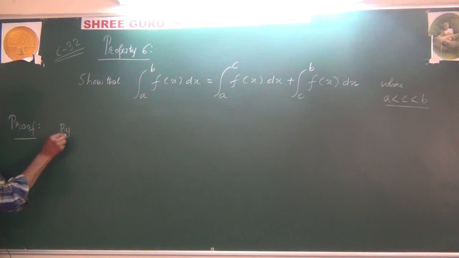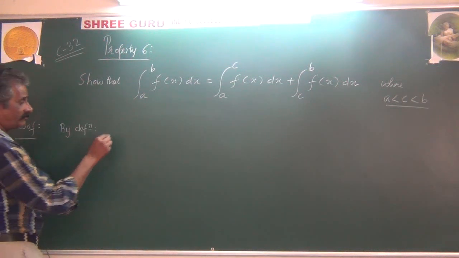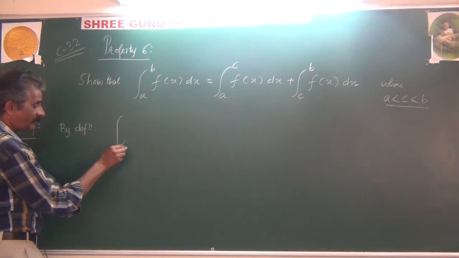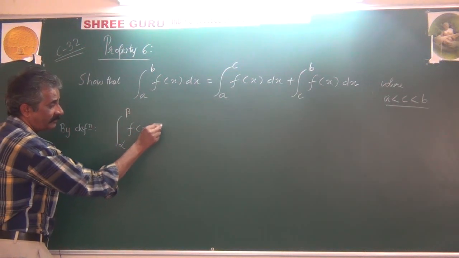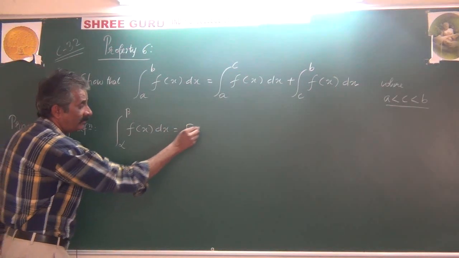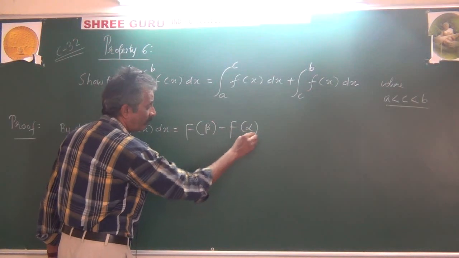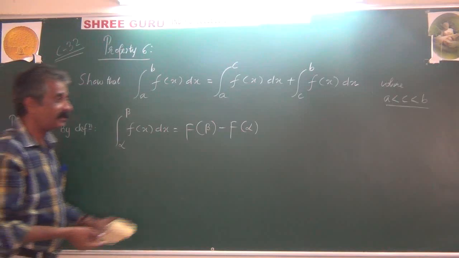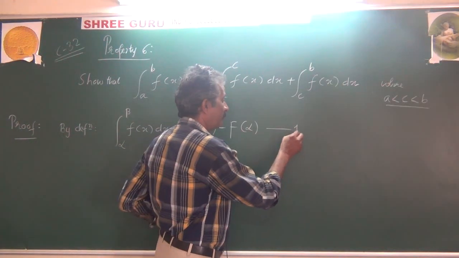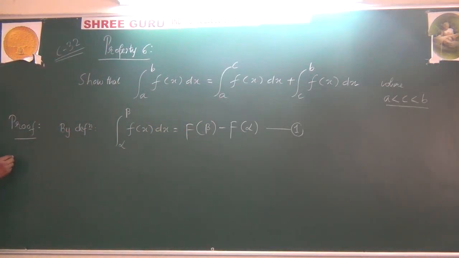By definition, integration alpha to beta f of x dx equals capital F of beta minus capital F of alpha, means answer of integration at upper limit minus answer of integration at lower limit. Keeping this fact in mind, we shall now take the right hand side.